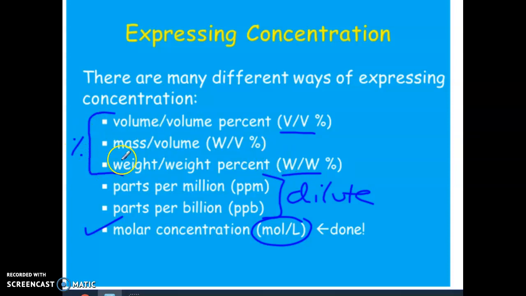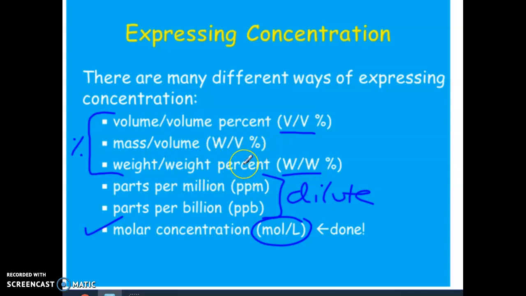Percent concentrations you'll see a lot on things that you can purchase, like solutions that you can purchase maybe at the pharmacy or Canadian Tire or the grocery store. Those things that you can buy in everyday person stores usually are expressed in percentage.